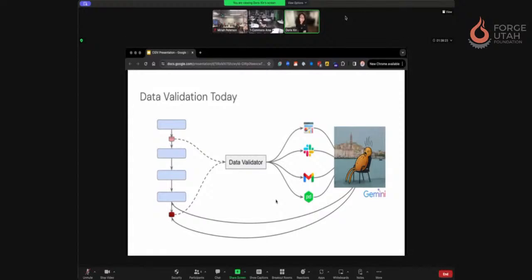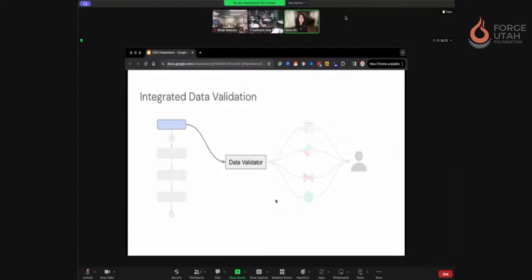So integrated validation, fundamentally, is all about having the validator happen while the pipeline is running, instead of decoupled from the pipeline. The validator can then intervene in real time and say, well, actually, this operator isn't behaving correctly. There's no point in continuing to write to disk, and then it goes through the rest of the pipeline.